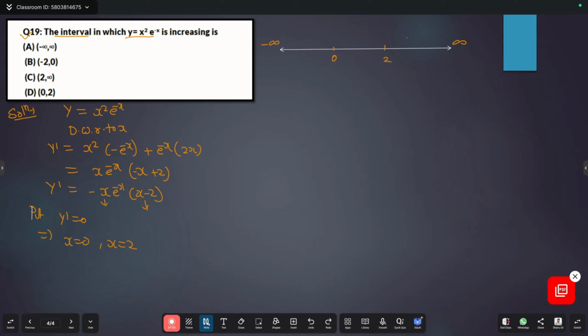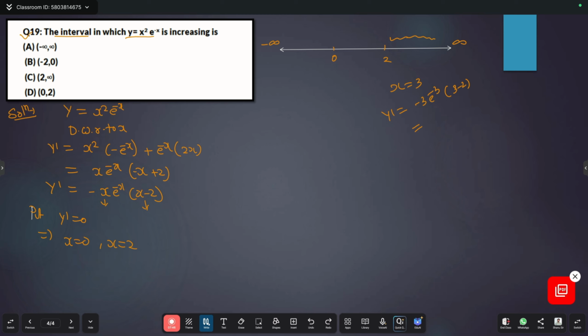This interval is all the x values greater than 2. Select any value greater than 2 and put it here. Suppose you select x = 3 and put it in y', then you get −3e^(−3)(3 − 2).